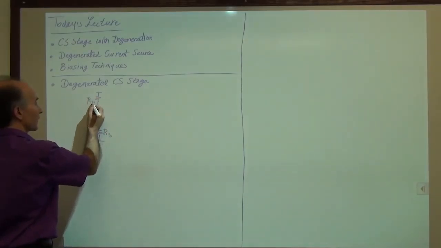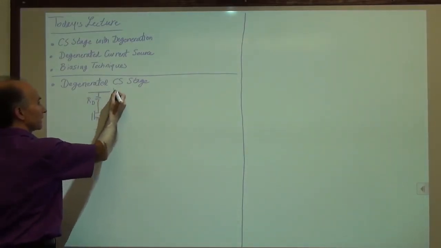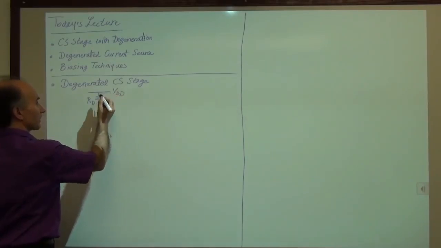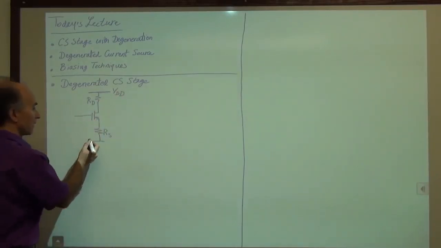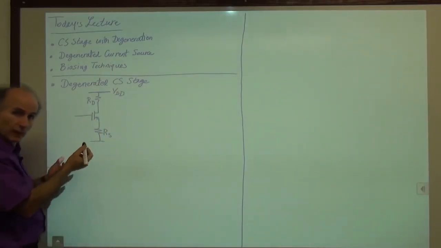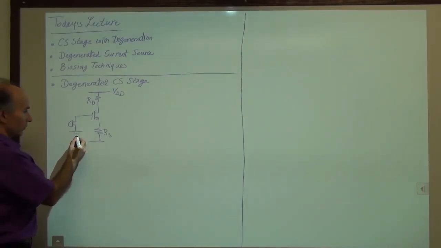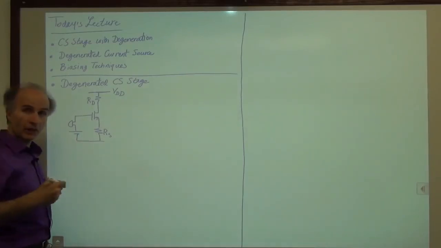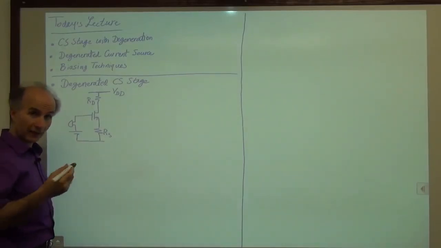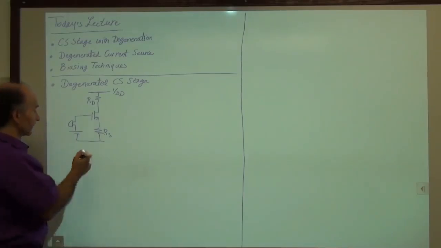And like before, we have a resistor to VDD. This is our supply voltage, power supply. And then here we have, for example, a microphone. Again, I just use that as a simple generator of our input signal. And then we have a battery to make sure that this device is turned on and has enough overdrive voltage so that it carries a desired current.